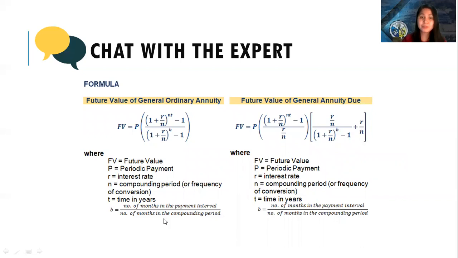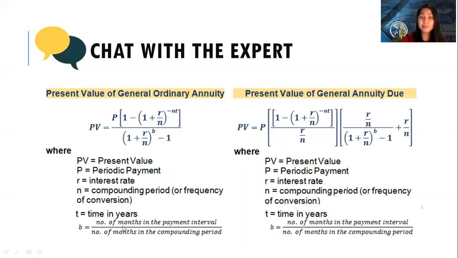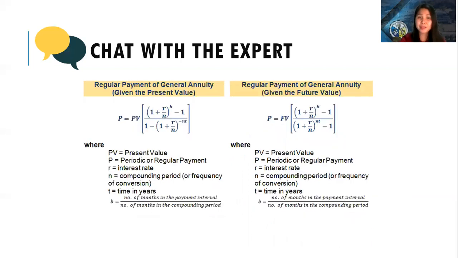So example, if the payment is monthly, then only 1. If the compounding is annually, then over 12. So our B will be 1 over 12. This is the formula for the present value. And here's the formula for the regular payment.